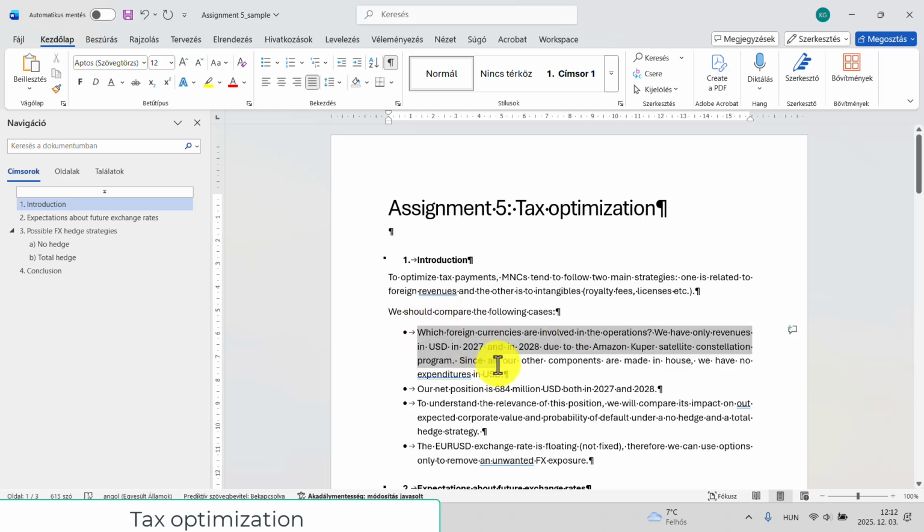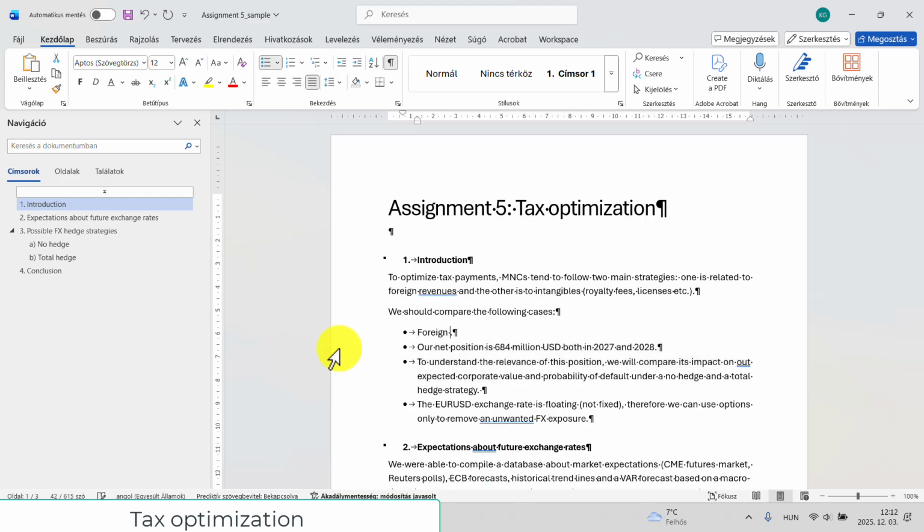First, since we have only foreign revenues from Amazon, foreign revenues are collected by a US entity and kept in some tax haven.